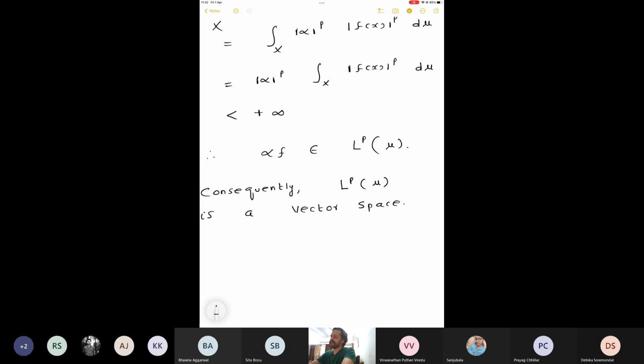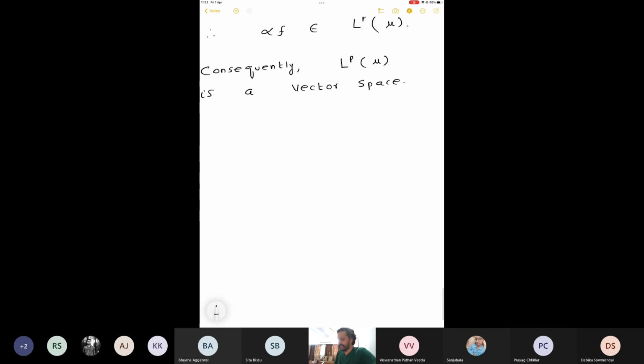Okay, anyway, let us define. Now, for each f belonging to L^p(mu), remember we already had an agreement: whenever I talk about f in L^p(mu), I actually mean the equivalence class of the function.